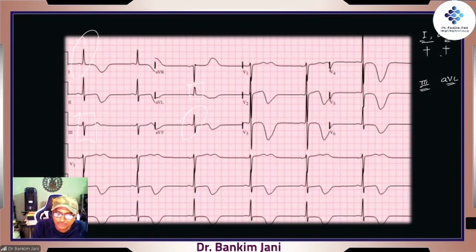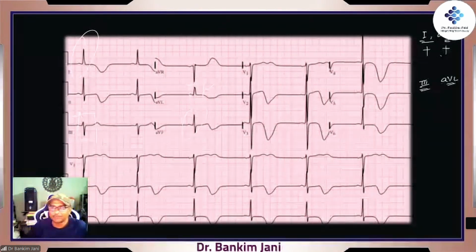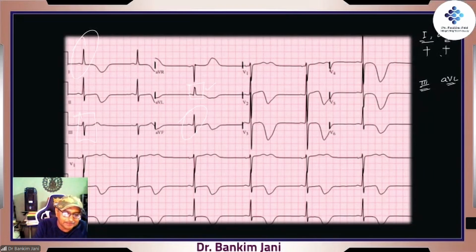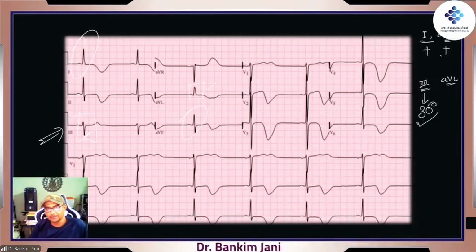Now see, AVL is only positive. There is no negative. And this one is having negative and positive both, right? So we'll be picking up 3. So you take that, so it is at 30 degrees. Correct.